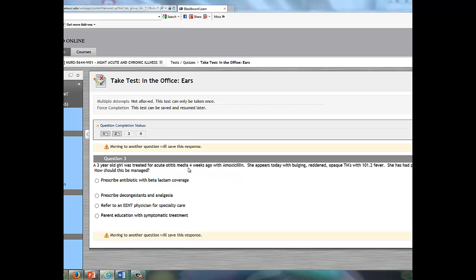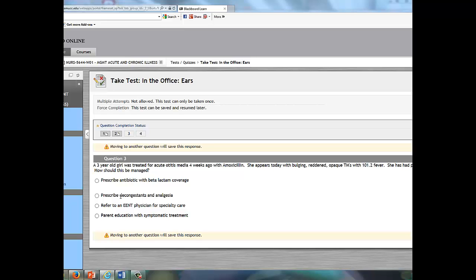So prescribe antibiotic with beta-lactam coverage, prescribe decongestants with analgesia. Analgesia is important. Eustachian tube dysfunction is the reason for acute otitis media.